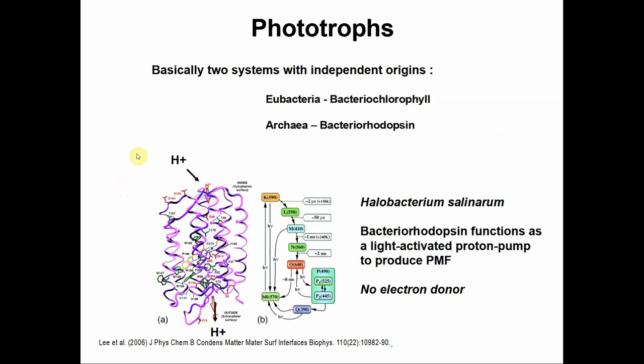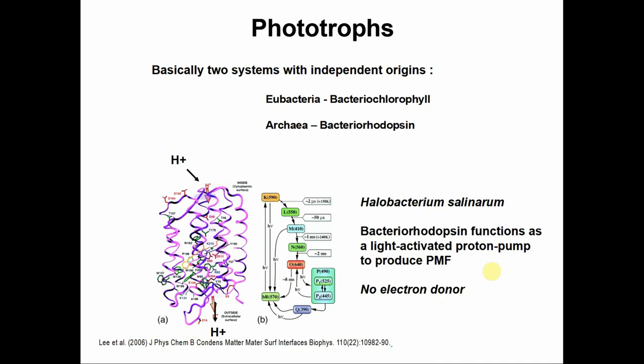That is, the bacterial rhodopsin chromophore, which is buried inside the 7-transmembrane helix, once it absorbs light, generates a kind of transfer across the membrane of one proton from the cytoplasmic phase to the periplasmic phase. So what is basically happening is that light is used to generate a proton motive force across the plasma membrane.